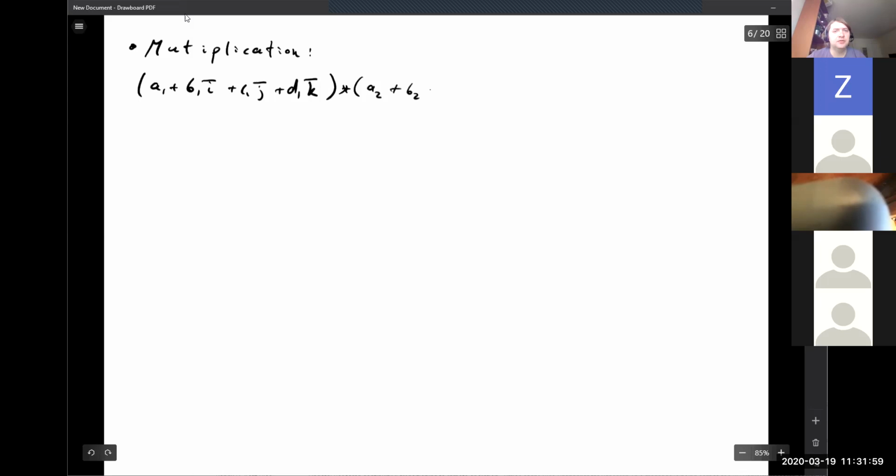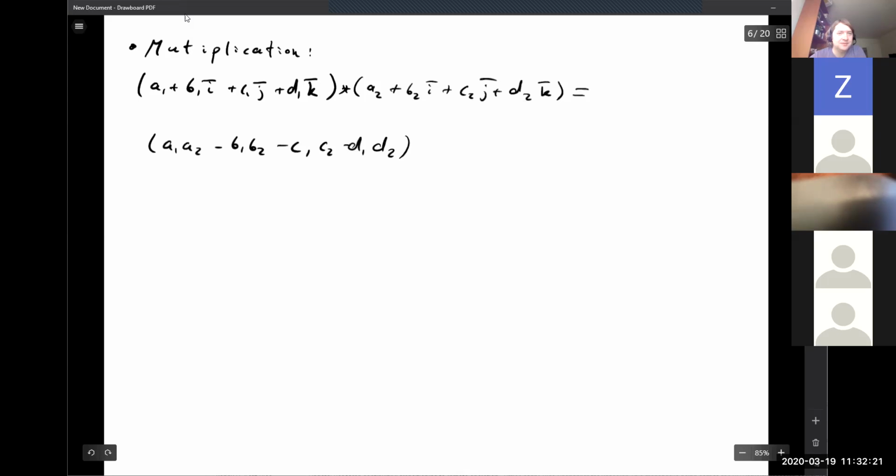a2 plus b2 i plus c2 j plus d2 k, then the result will be as follows. For the first component, you will get a1 a2 minus b1 b2 minus c1 c2 minus d1 d2. Then for the second component, you will get a1 b2 plus b1 a2 minus c1 d2 plus c2 d1 times i.